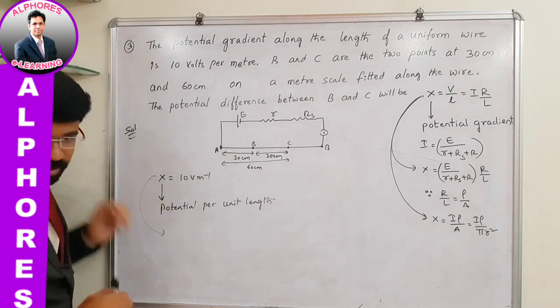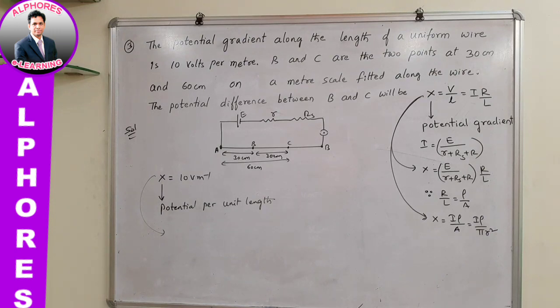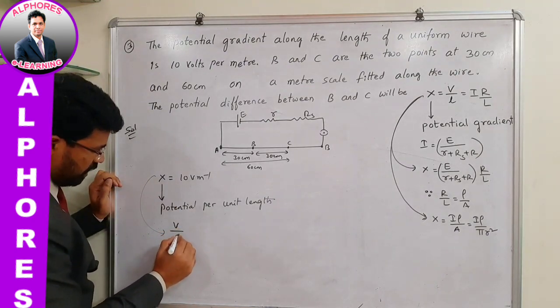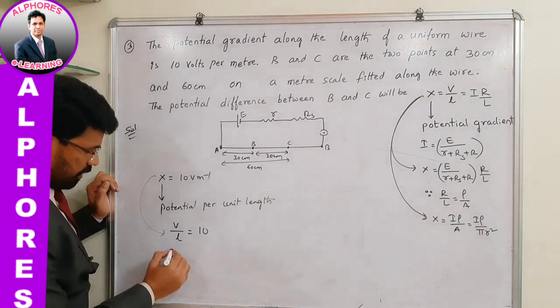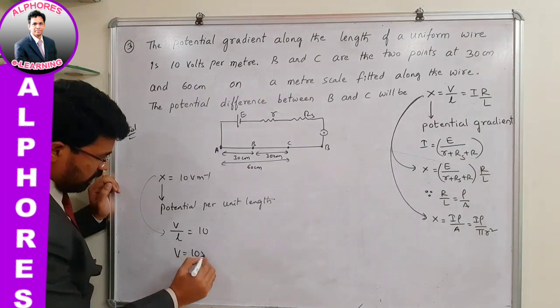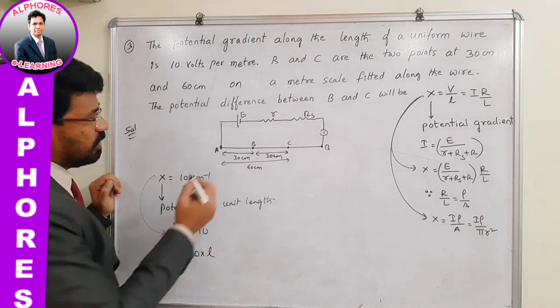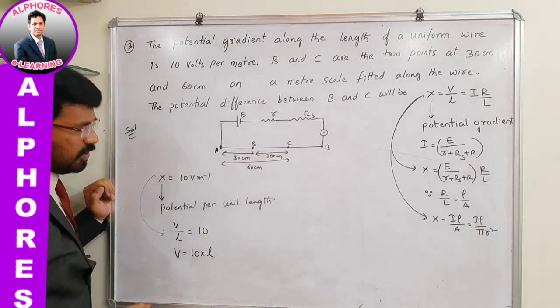So how do we express this? X is expressed as V by L, which is equal to 10. And V is equal to 10 into L. How much is the length that we need to consider in the given situation? 30 centimeters. So the length of the portion of the wire between points B and C is 30 centimeters.